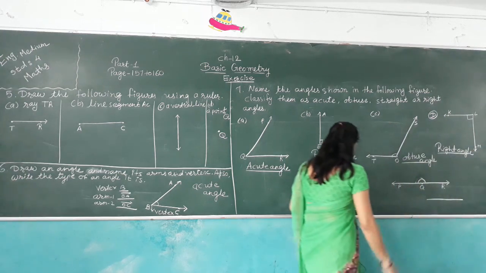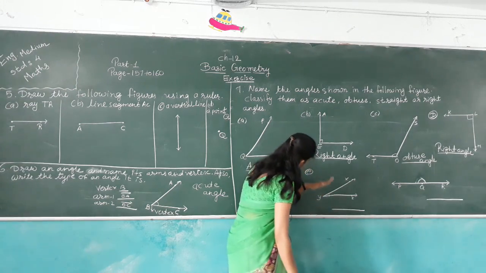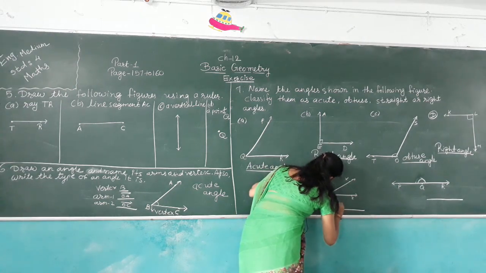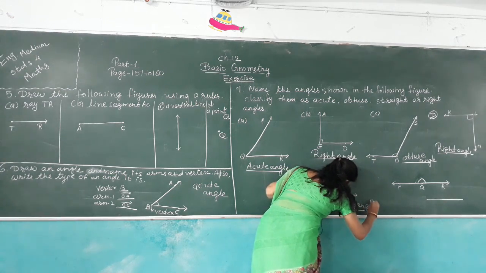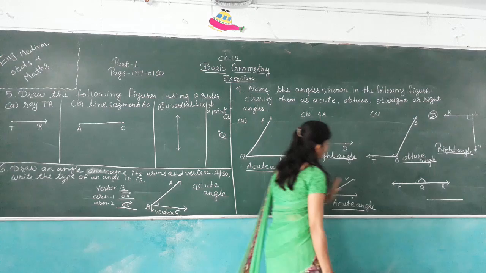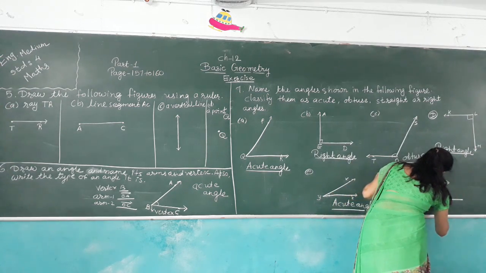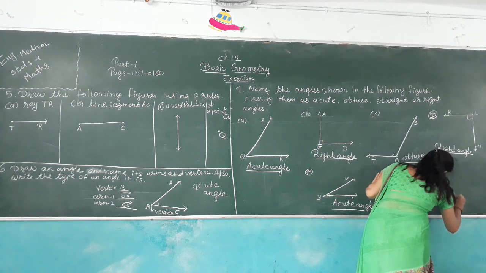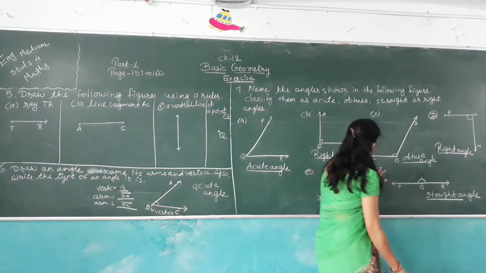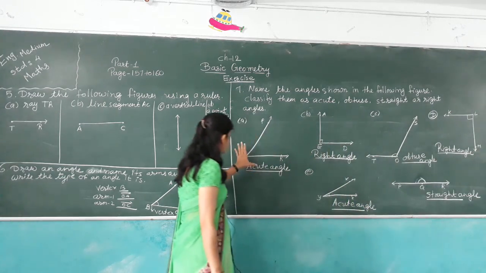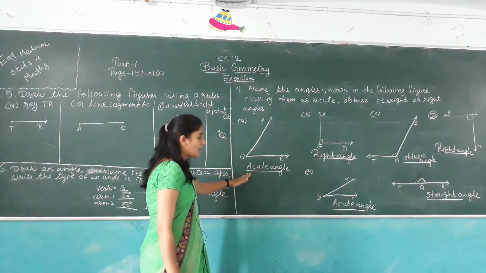Then this angle is less than a right angle, so it is called an acute angle. And the last one, this one is a straight angle. This angle is less than a right angle, called an acute angle.